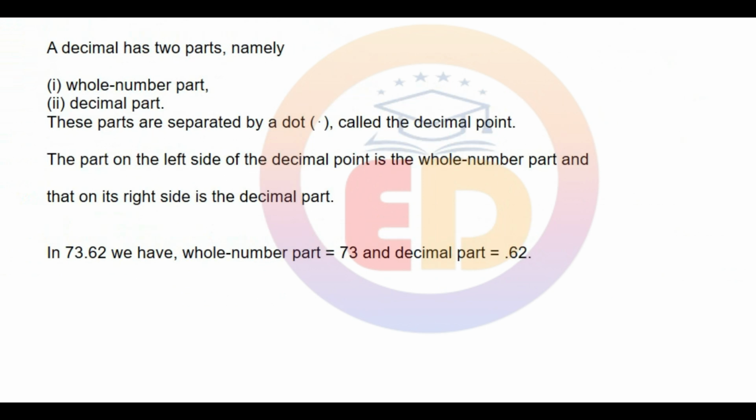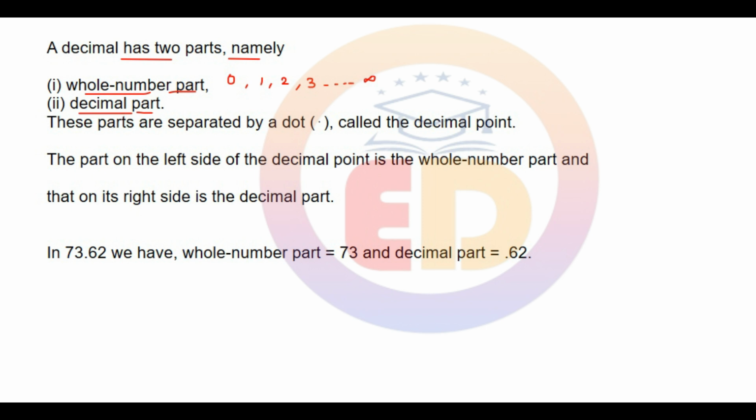A decimal number has two parts. They are the whole number part and the decimal part. Whole numbers, we know, are the numbers which start from 0, 1, 2, 3 and go till infinity. So in a decimal number, one part is the whole number part and the other part is the decimal part.